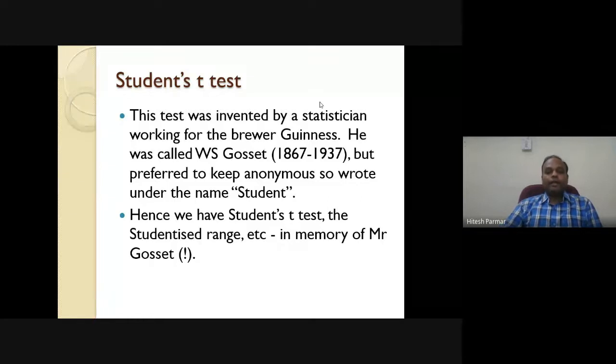So he prepared a table for each sample size, and then he went to the management saying that he had invented something new. Management was happy because he had invented something new and it was really beneficial to the organization. But then Mr. Gossett said that he wanted to publish this work.